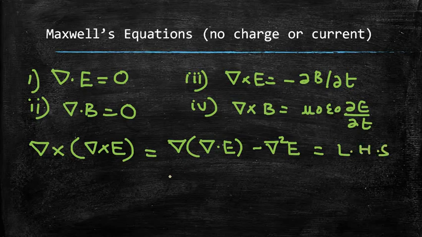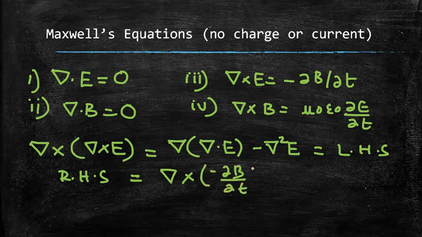Now what is the RHS? The RHS is equal to del cross of minus dB by dt. This can be written as minus d by dt of del cross B. This is okay mathematically. So this is the RHS, and this is the LHS.